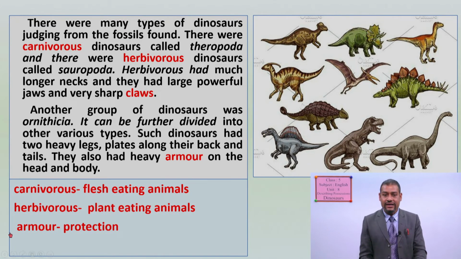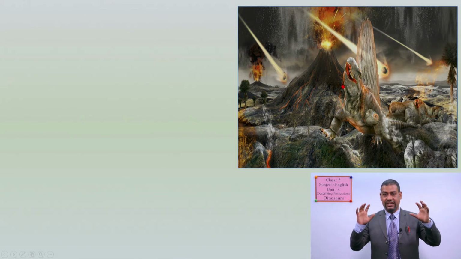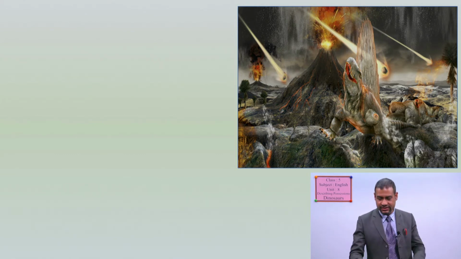That's why armor means protection. Then claws means nails. Claws means very sharp nails. Now, you can see the picture. Wow, it's very interesting and looks dangerous.